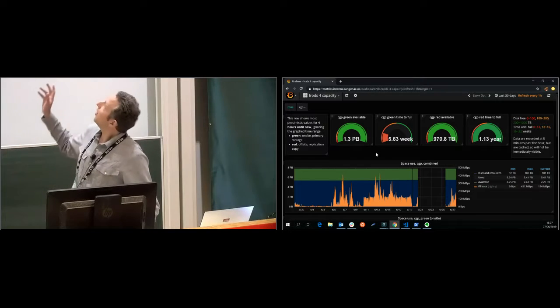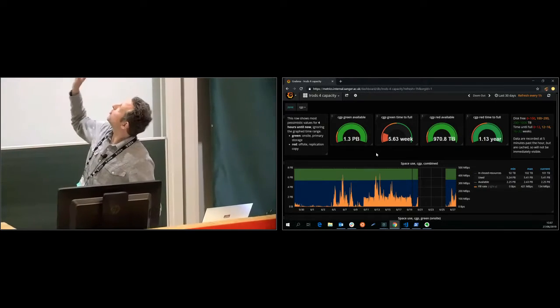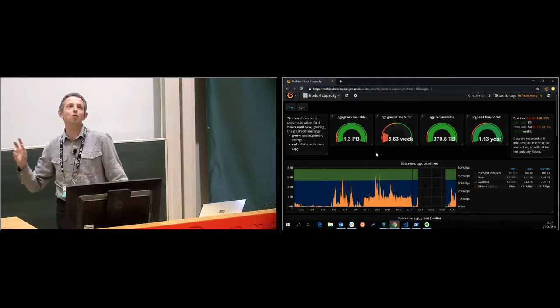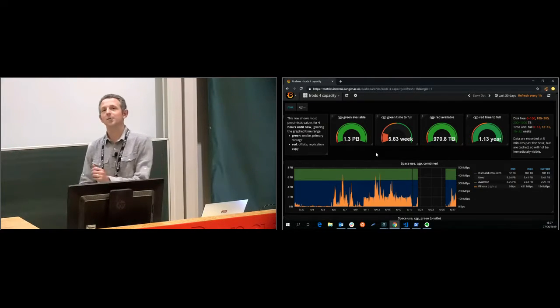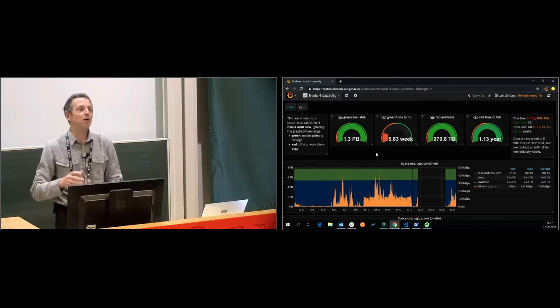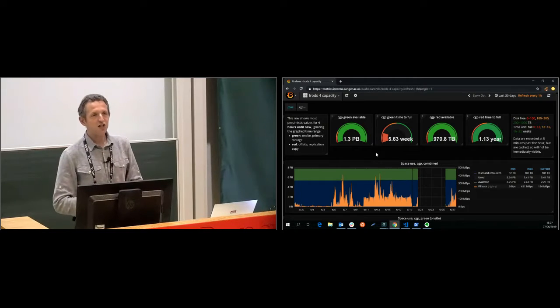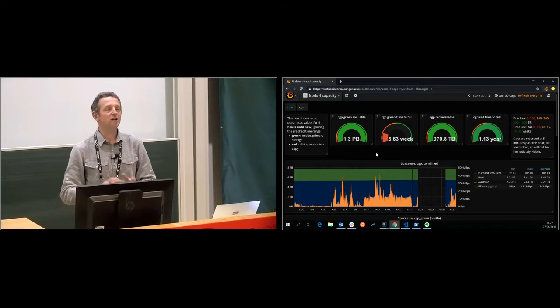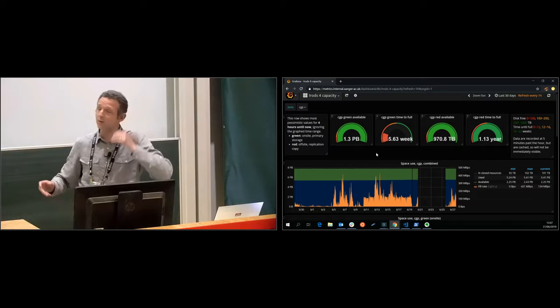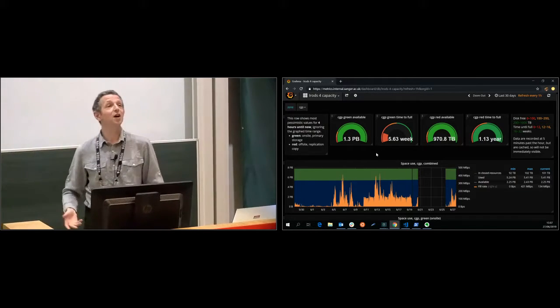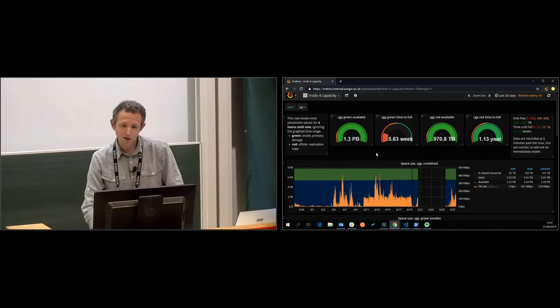We love to hate these time-to-full things, because they're basically a linear regression, which is almost always wrong. When you add space in or take space out, it can change quite radically, and it can scare people who really rely on this kind of data. The figure we ask people to focus on is how much space they have available, whether that is enough, and how much they are using.